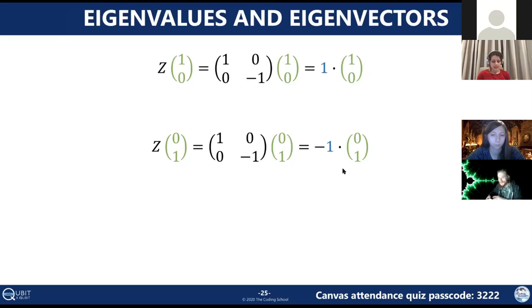But the idea of these eigenvalues and eigenvectors is that they are specific to the matrix. So this has an eigenvalue and eigenvector. If it's a two-dimensional matrix, it will have two eigenvalues and two eigenvectors.